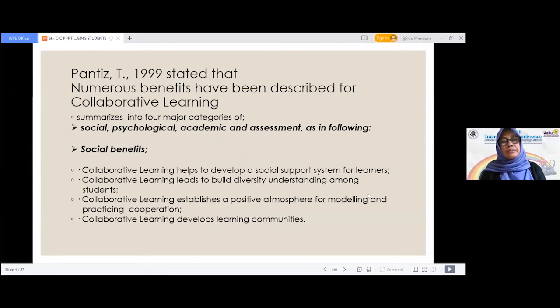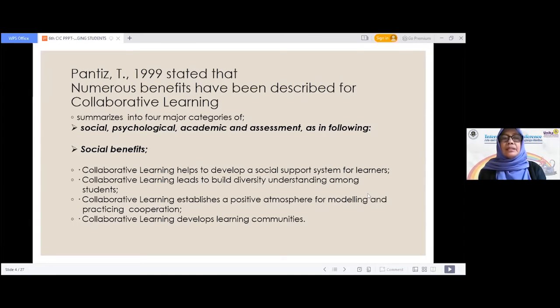For the social benefit, collaborative learning helps to develop a social support system for learners, meaning that collaborative learning is a strategy of teaching and learning in the form of grouping students to work together to solve problems and complete the assignment and also produce a product. So it is a kind of training for a student to learn how to socialize with people that prepares them in the working field.